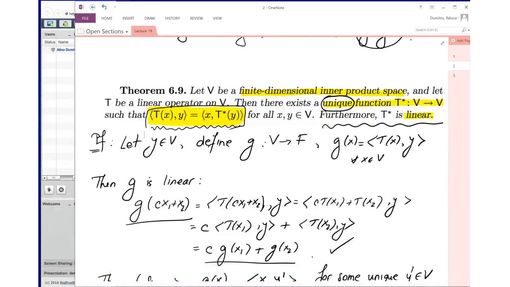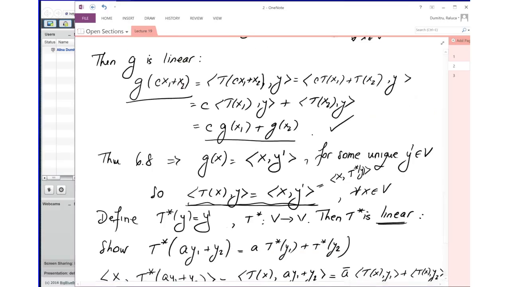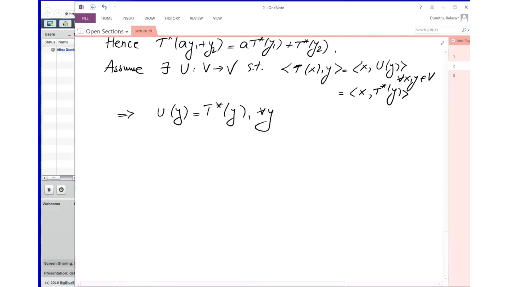So before we go to an example, I just want to point out another thing. So through this theorem, all we know is that T can move from the first argument into the second with a star. It's still true that you can do it backwards. If it's in the second argument, it can move into the first with a star. So let's look into that. So let's say note.